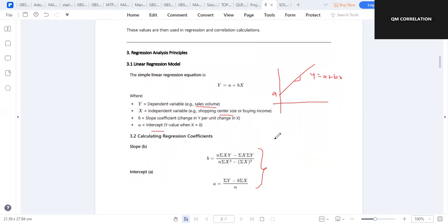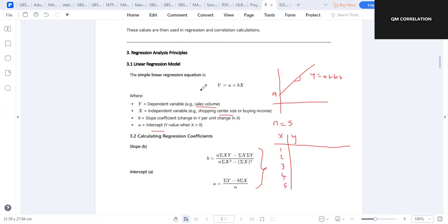If you're given, for instance, n as 5, how do you find the values of X and Y? We'll use the usual question for simplicity's sake. X and Y: given 1, 2, 3, 4, 5.